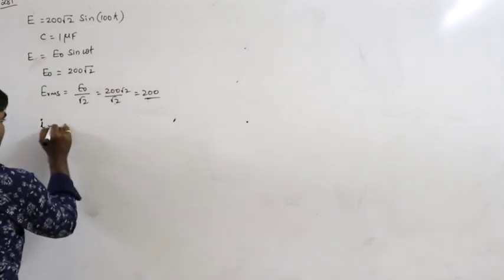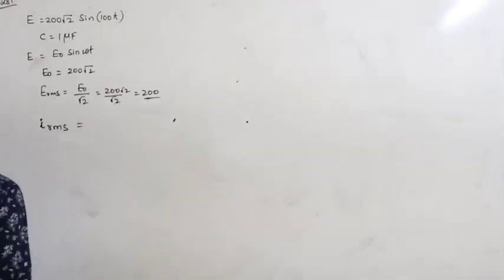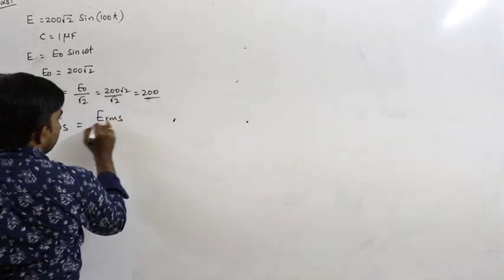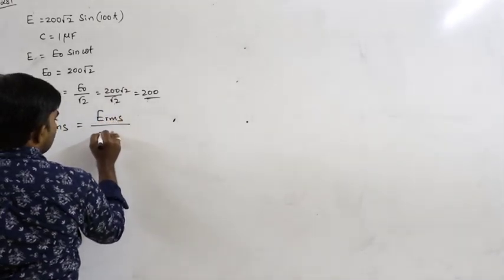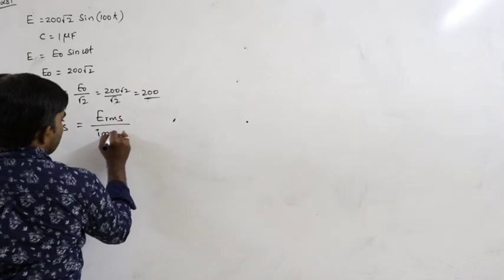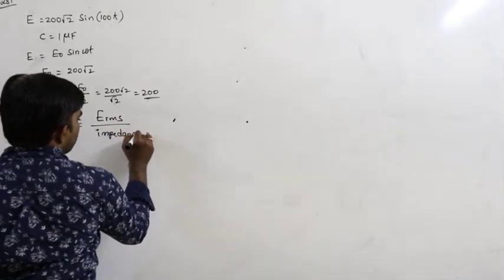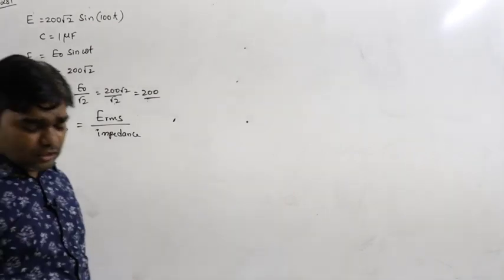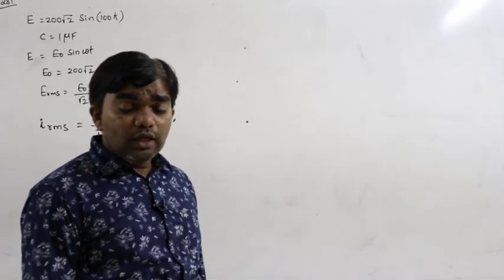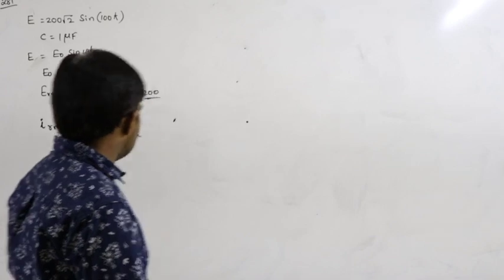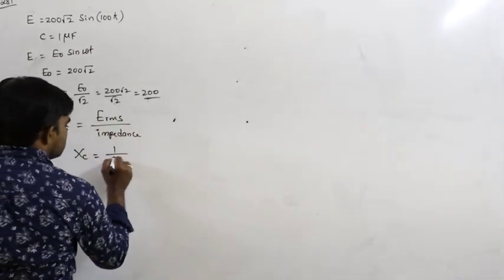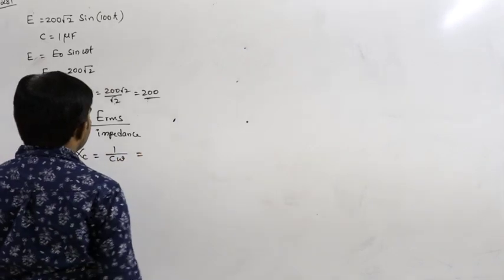So I RMS is equal to, what we can write? E RMS divided by impedance or resistance. What is the impedance? If only a pure capacitor is connected to the circuit, then we have to write it as capacitive reactance, that is 1 by C omega.